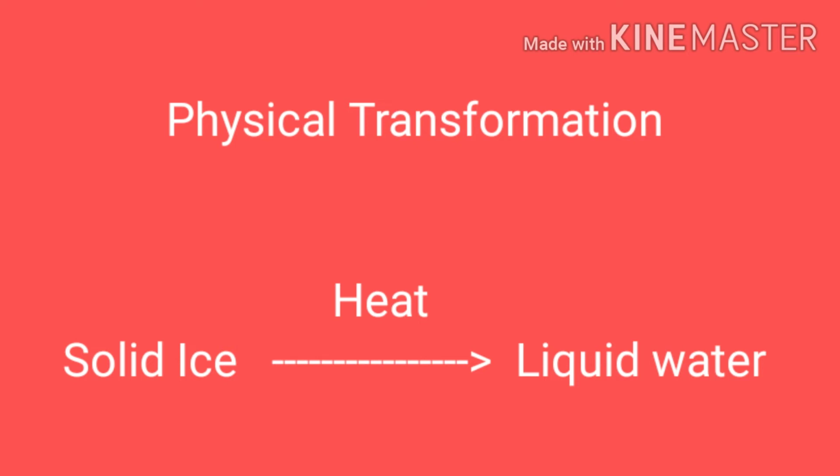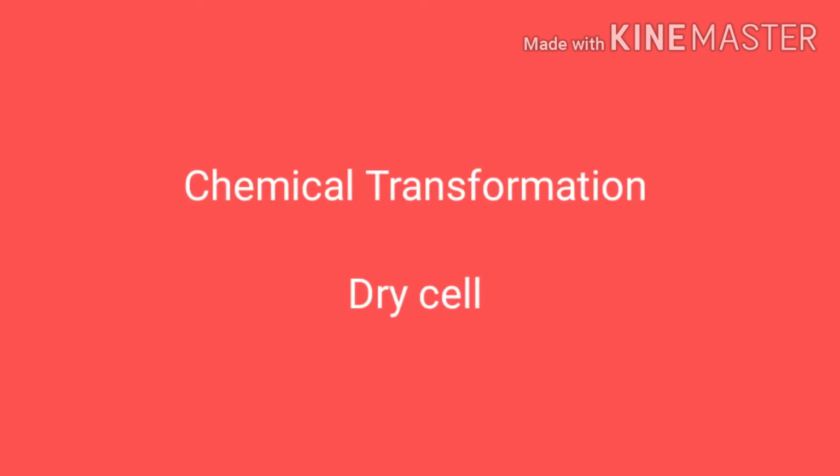Physical transformation means, for example, when solid ice is converted into water. When solid ice absorbs heat and converts into the liquid state, there is an energy change. Now the chemical transformation, the example is a dry cell or pencil cell, which is used daily in home equipment.